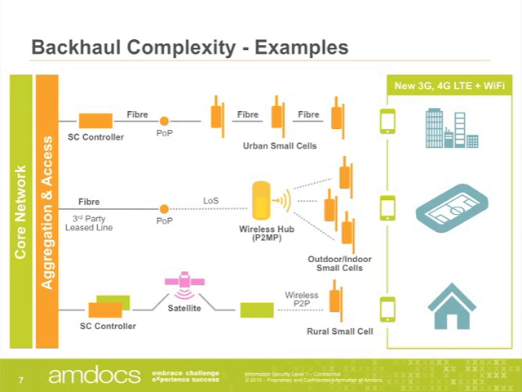So for example, the operator may be deploying their own fiber, or they may be outsourcing the fiber connection back to the core network. And that's actually the piece of network that takes you as far as the point of presence. So that point of presence is likely to be in the metro areas, at the periphery of existing networks.